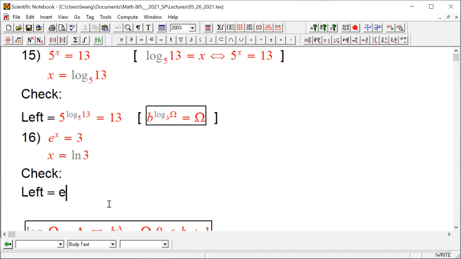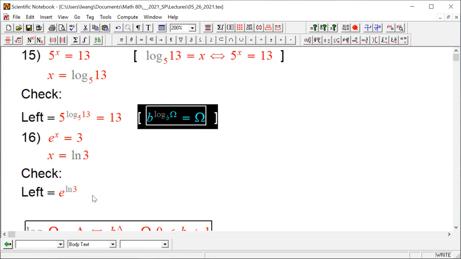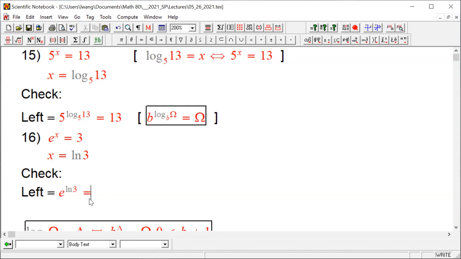It's e to the power of x. And now we found x is ln 3, so replace x by ln 3. You apply the same property, and it is just going to equal 3, which is the right-hand side. Therefore, these are solutions.